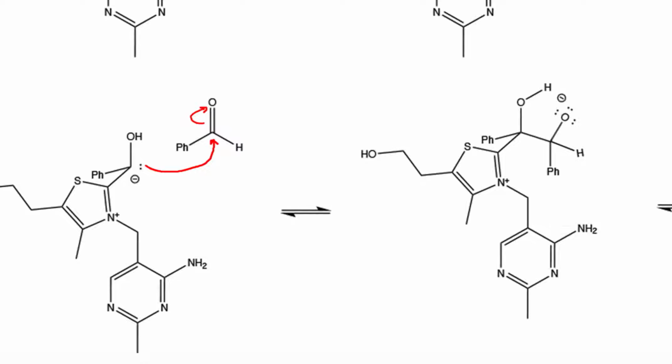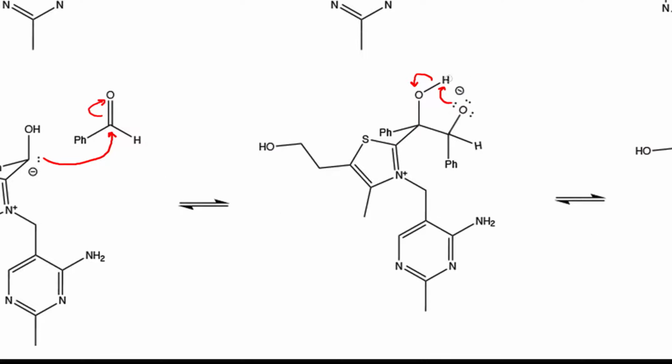Next, we get an intramolecular proton transfer. So the lone pairs on this oxygen grab that hydrogen, and the bond here breaks, and the bond here breaks, and the electrons are placed onto this oxygen. The transferring of this proton is fairly stable due to this 5-member ring that forms during the transition state during the proton transfer.